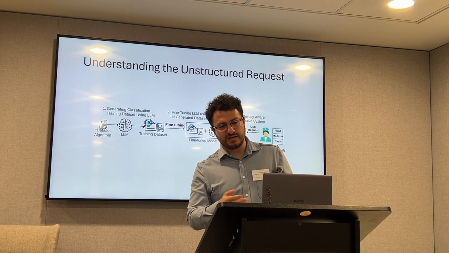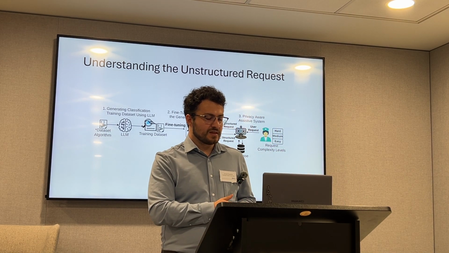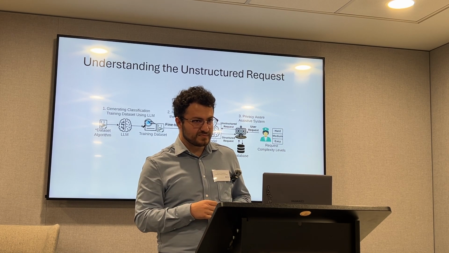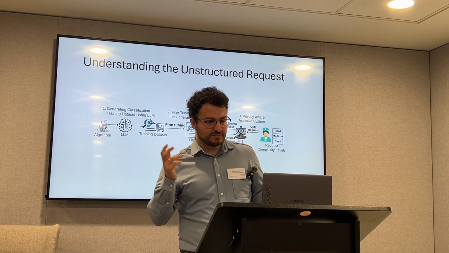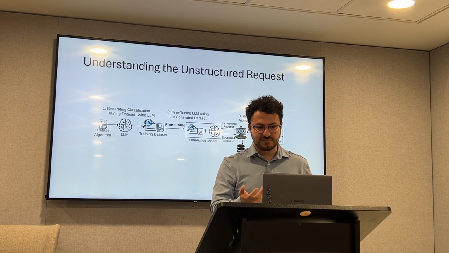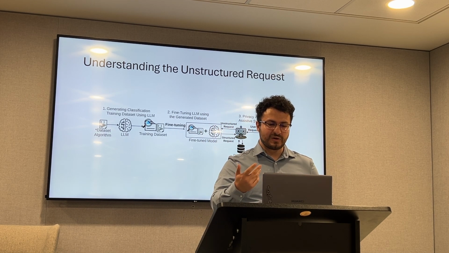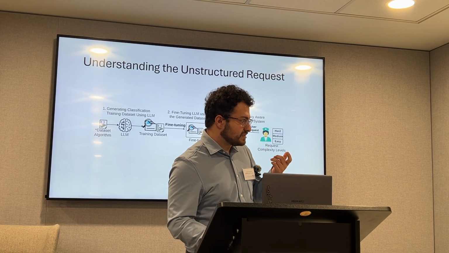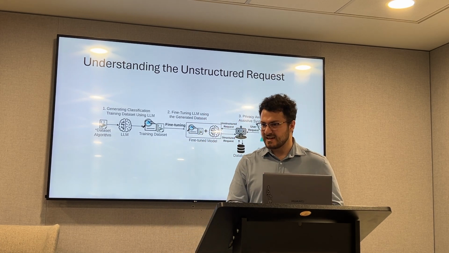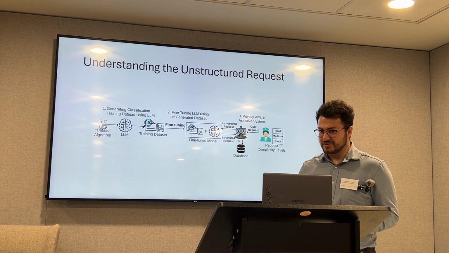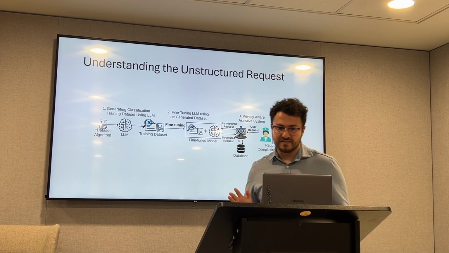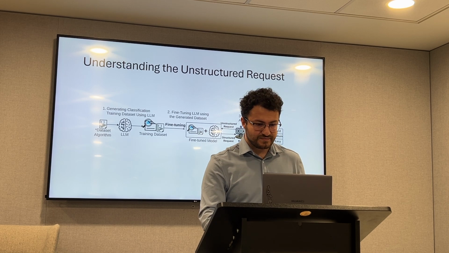Easy is 1 or 2 entities within an unstructured request, medium is nested entities, and hard adds ambiguity levels. And we got good performance. It's not published yet, so I can't really put the results. It's under review, but we got up to 95% accuracy on the model.